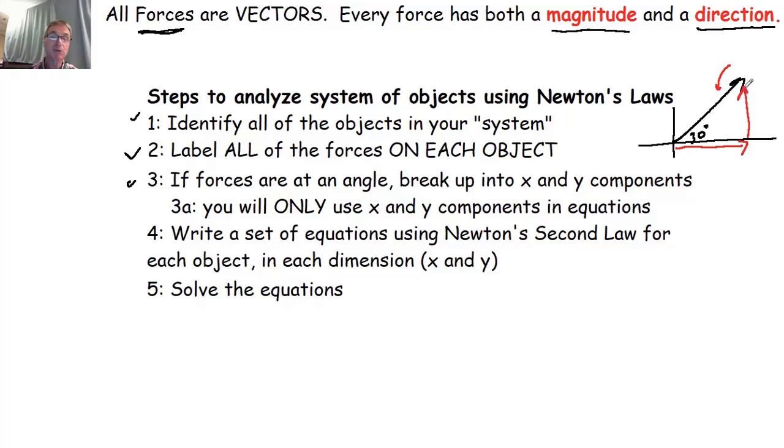And how do we do that? We use trigonometry. If we know the value of the vector up here, the hypotenuse, and we know the angle, we can use trig to get the x component and the y component. And we're going to do lots of examples to show you how to do this.